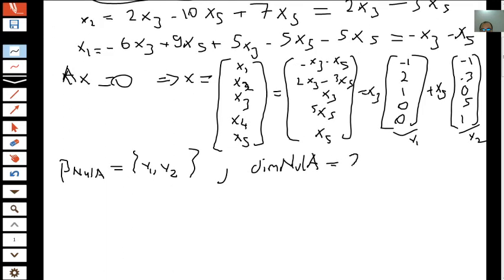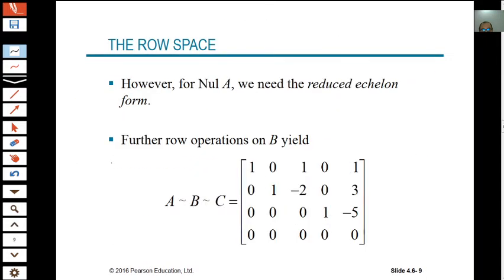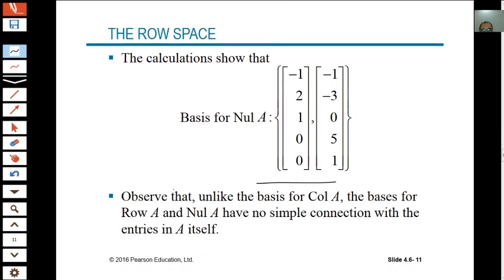The dimension of the null space will be 2.